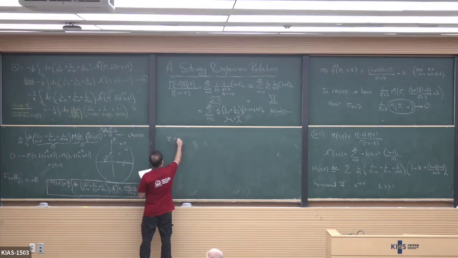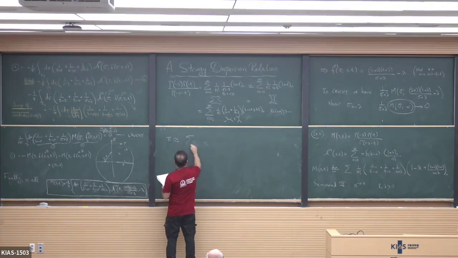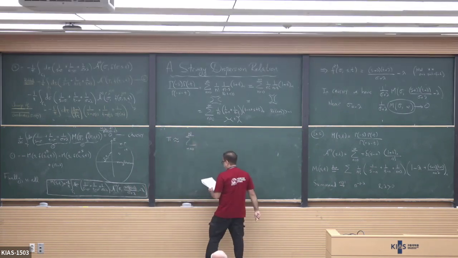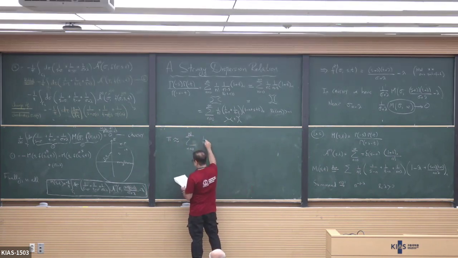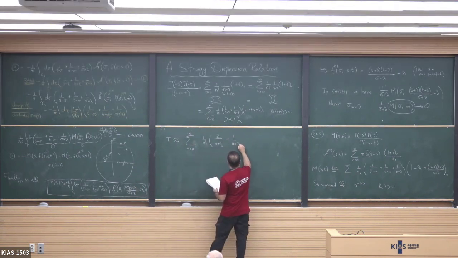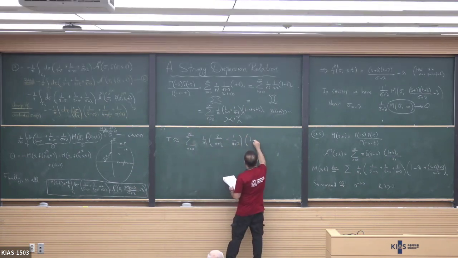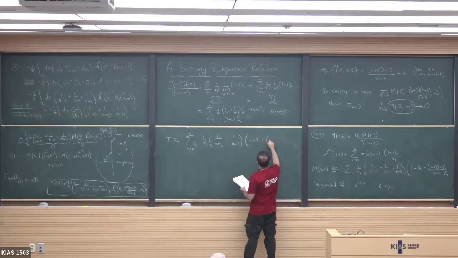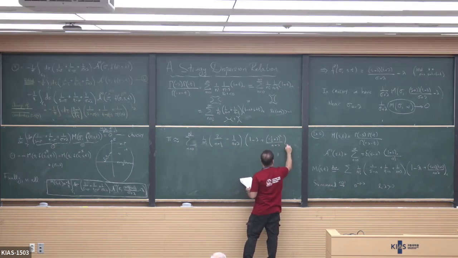So pi is approximately equal to the summation n equals 0, and now let's truncate to n terms, of 1 over n factorial, 2 over n plus half, minus 1 over n plus lambda, 1 minus lambda plus minus half plus lambda square divided by n plus lambda n.